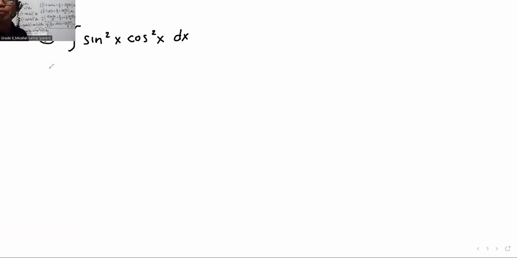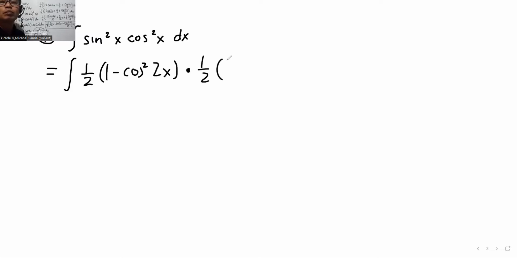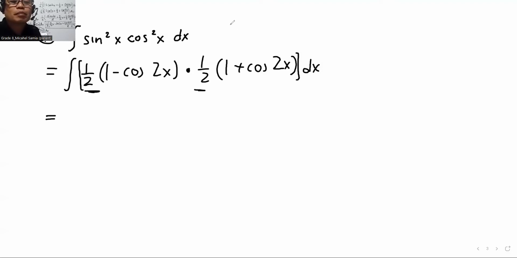Then we can move this 1/2 out of the integral sign.